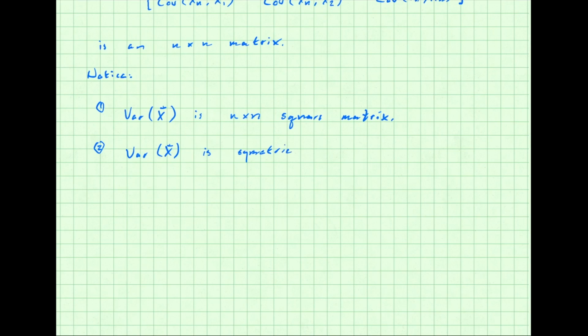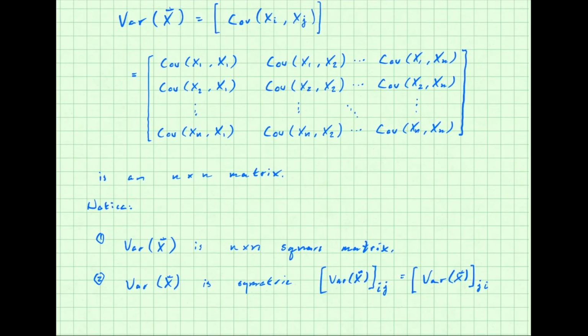That is to say, the variance of x, row i column j, is equal to the variance of x, row j column i. You should see that it's here. In other words, this thing is the same as this. The covariance of x2 and x1 is the same as the covariance of x1 and x2.